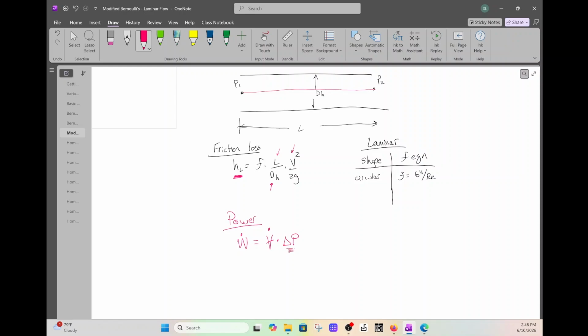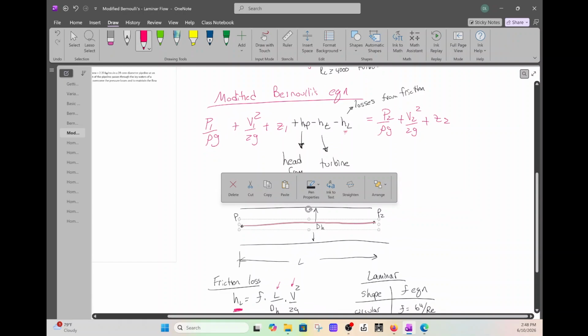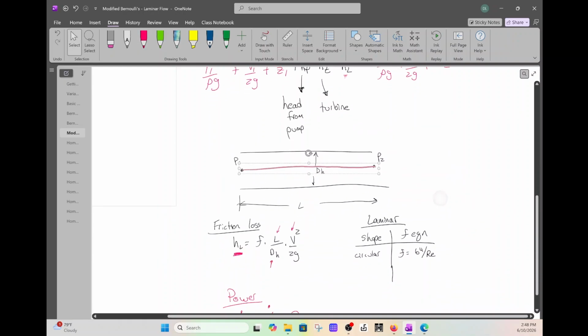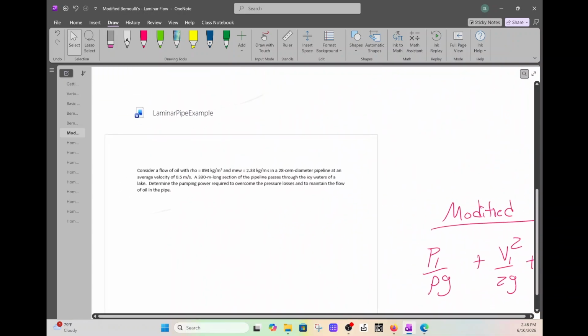Delta P, we're going to find from the modified Bernoulli's. And that modified Bernoulli's now has what? Could have a pump, could have a turbine, or those losses. Okay, cool. All right, so let's go do this practice problem.